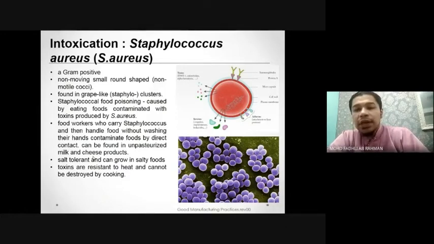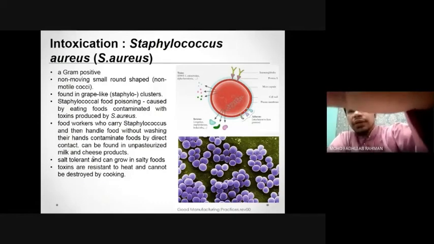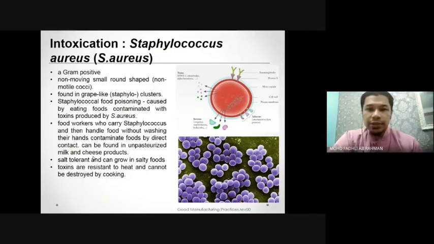For example, food workers who carry Staphylococcus aureus and then handle food without washing their hands contaminate foods by direct contact. So it can be found in unpasteurized milk and cheese products. Okay, normally in milk and cheese products.